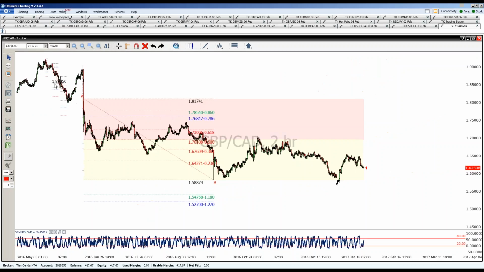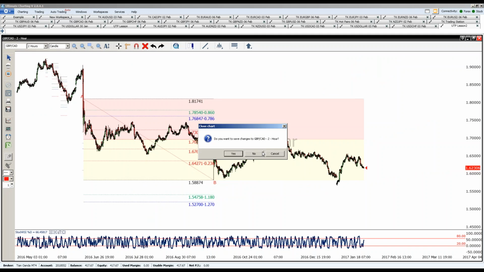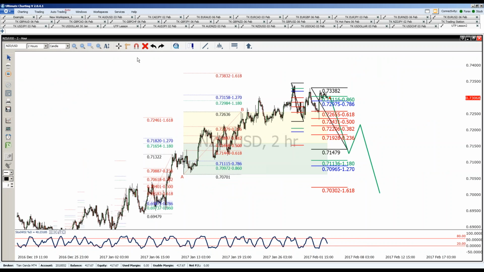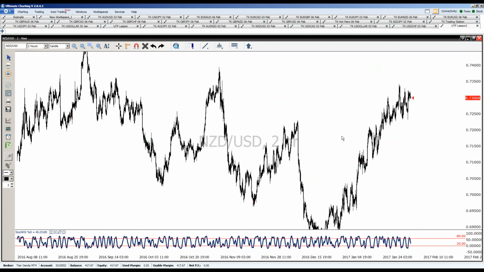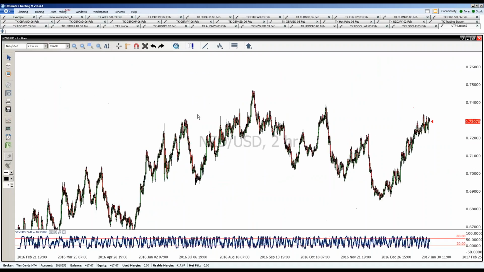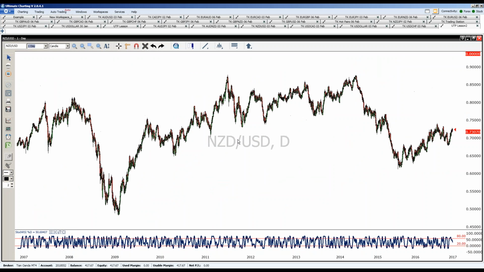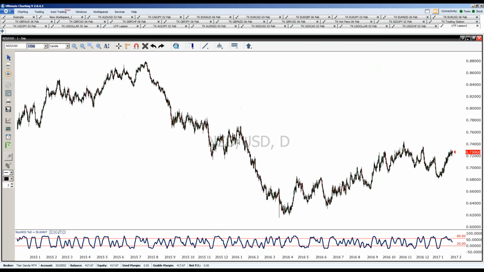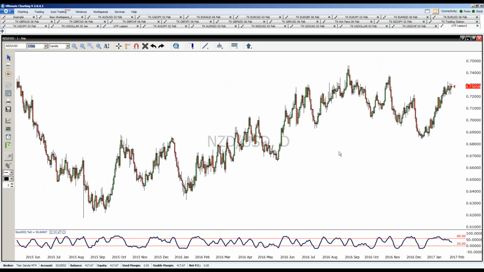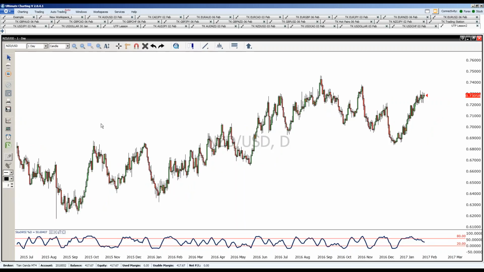To give you an example, look at this. I think we're going to have to open up a daily here. There we go. Clearly the market is in an uptrend.